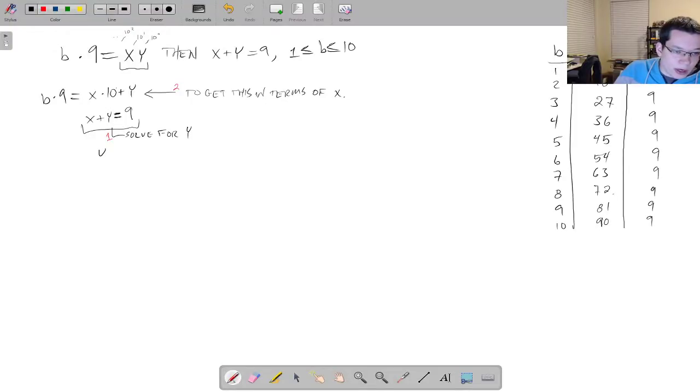So y is equal to 9 minus x, which we can do because we're allowing the existence of additive inverses. Basically, we're allowing subtraction to happen.